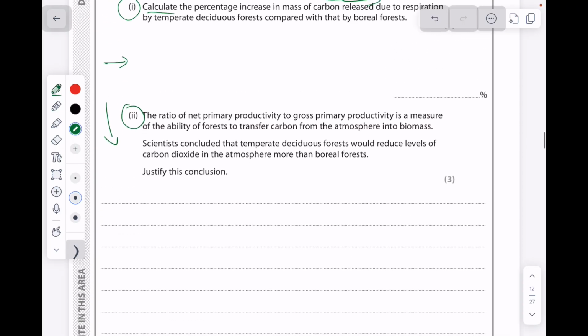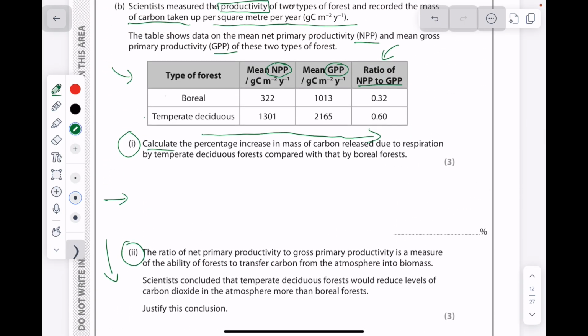Calculate the percentage increase in mass of carbon dioxide released due to respiration by temperate deciduous forest compared with that by boreal forest. So what mass of carbon dioxide is released due to respiration? What's our equation? GPP minus R equals NPP.